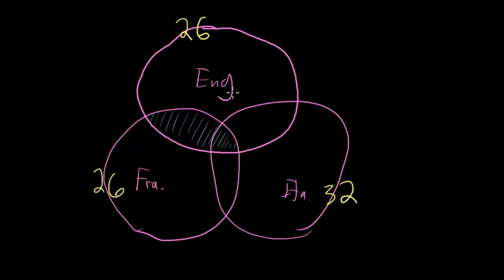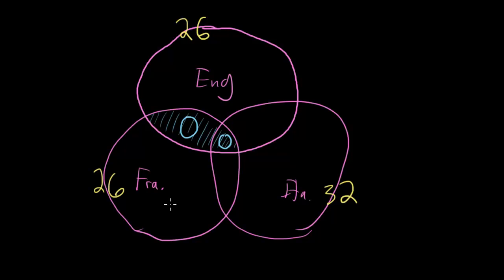The entire overlap section between England and France. So if nobody traveled to both of them, that means nobody's here. Nobody's in that part of the football section, and nobody's in this part of the football section. So I guess we now know that nobody traveled to all three countries, which makes sense. If nobody traveled to both of these two, then nobody traveled to all three.